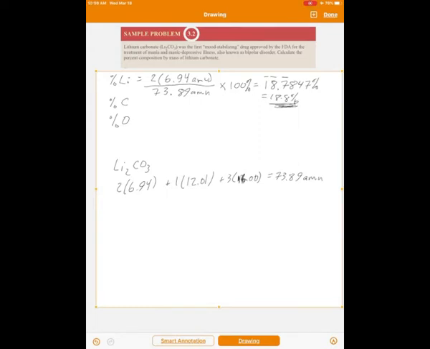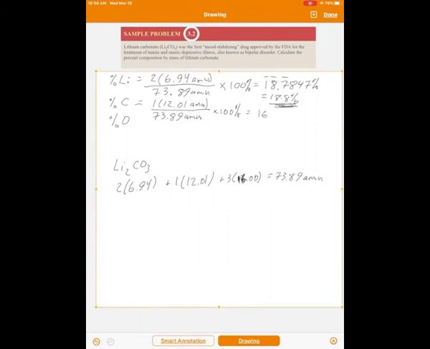That one's done. Now we do the same thing for carbon. You say, okay, the formula has 1 carbon, so 1 times 12.01. You divide that by the molecular mass, 73.89 AMU. And then you multiply that by 100%. So 12.01 divided by 73.89 times 100, and you've got 16.25%.